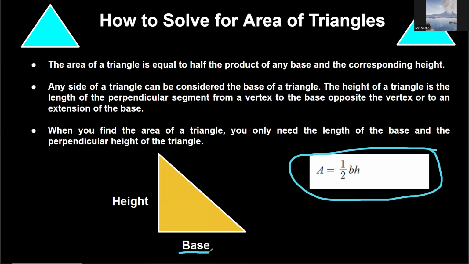The base is right here. And here, let me change the green. This is the height. So you have here the base, which is shown here. And here's the height, which is here. Okay, now let's move on.